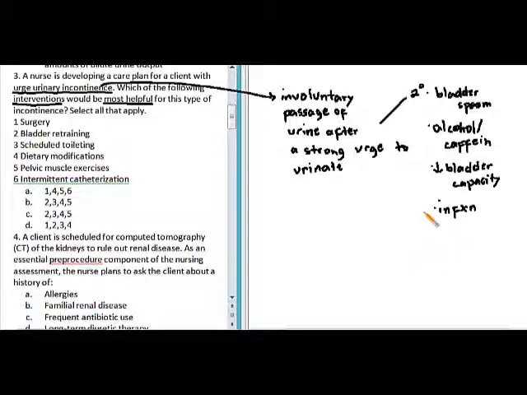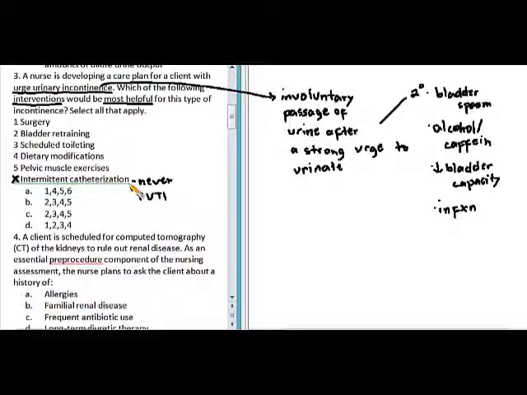So going back here, look at number 6. Intermittent catheterization is not and never will be an intervention for incontinence, and the patient will be at high risk for UTI. So we do not do 6.